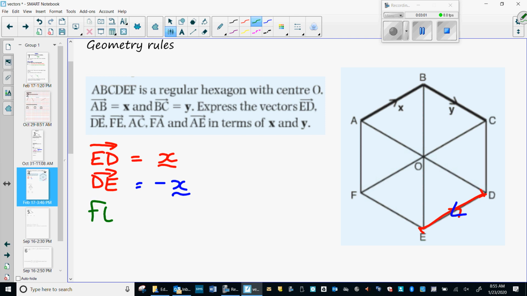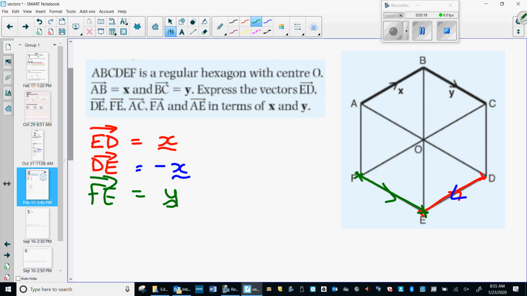Okay, FE. So where's F to E? F is here, E is here. What's that vector? y. Oh, you lot, you're just on top of it. Now, here we go. A to C. Okay, so A is here and C is here.